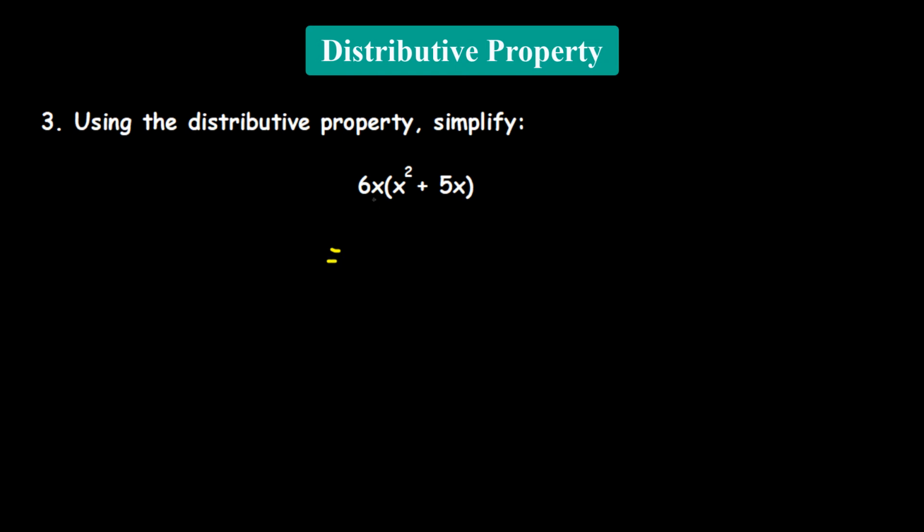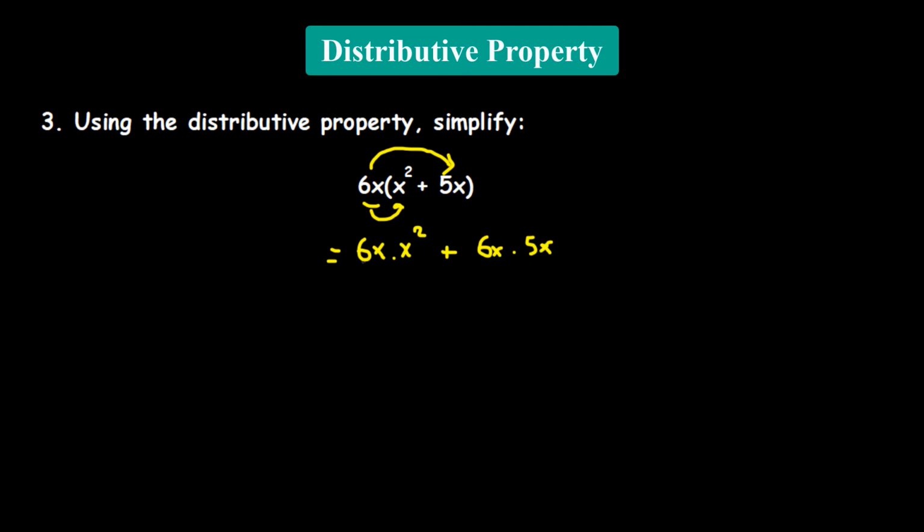So we're going to distribute 6x with x squared. So that will be simply 6x times x squared. Then we put the plus sign here since we have a positive sign here. Then we're going to distribute 6x to the second term. So that is simply the product of 6x times 5x.